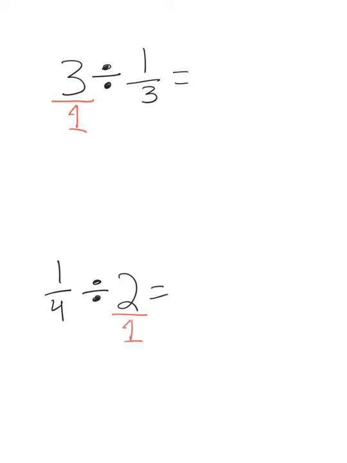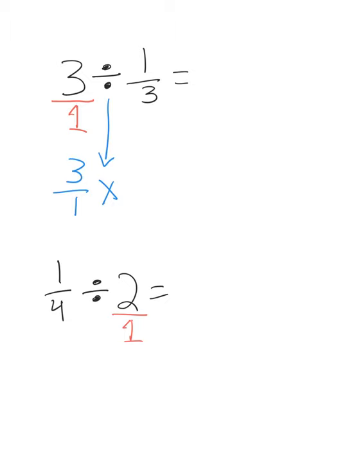So now, even though they're a little bit slanted, I now have 2 fractions. But this is not a multiplication problem. This is a division problem. So what I want to do is make this problem be the opposite. So we know that the opposite of division is multiplication.